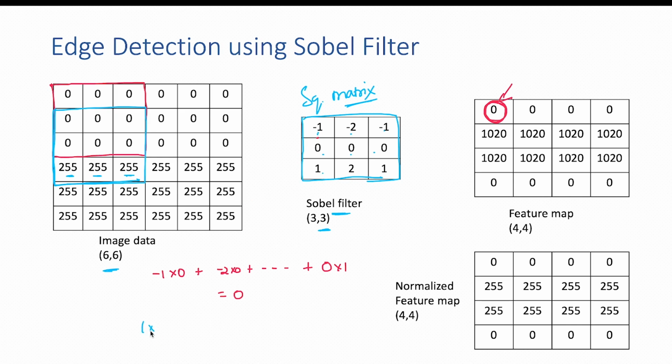So 1 multiplied by 255 plus 2 multiplied by 255 plus 1 multiplied by 255 is going to result in a value of 1020. So this is the result of the convolution operation for this patch. The associated value in the feature map is given here.